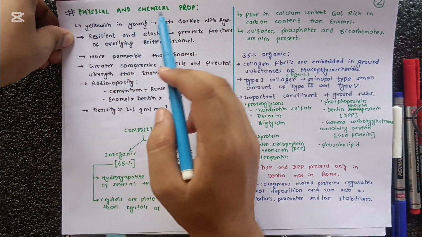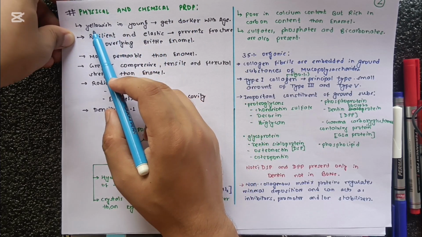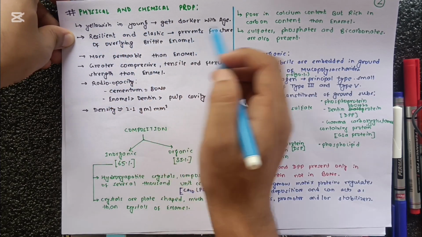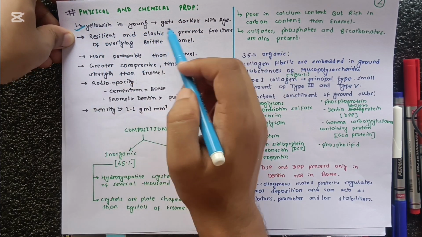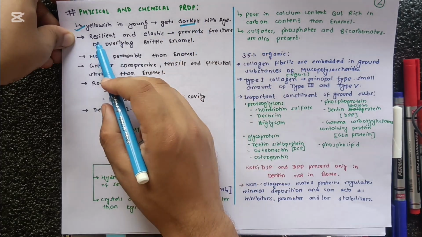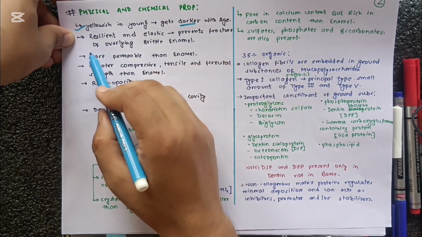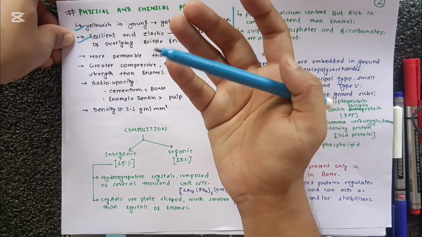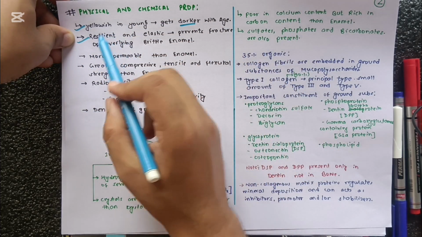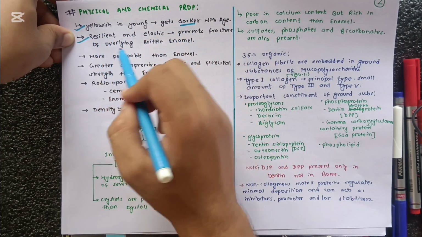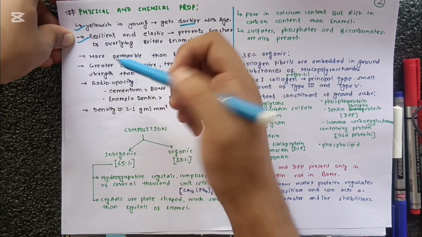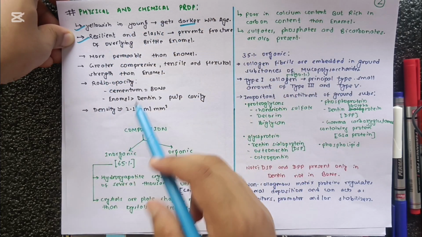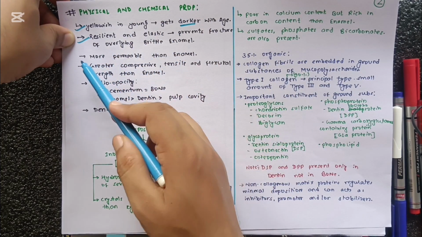In the physical and chemical properties of dentin, it is yellowish in the young and gets darker with age. It is resilient and elastic, and prevents fracture of the overlying brittle enamel. It is easy to understand: as the enamel is brittle, the dentin, which is resilient and elastic, prevents its fracture. It is more permeable than the enamel.